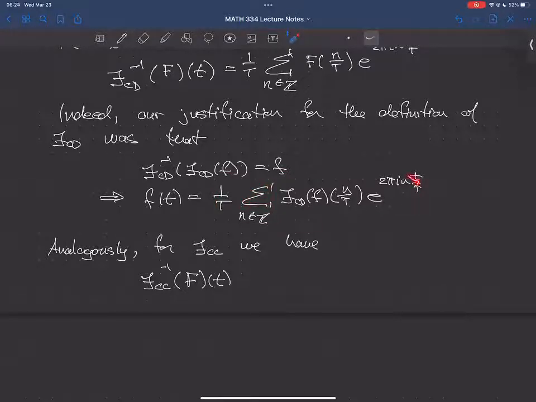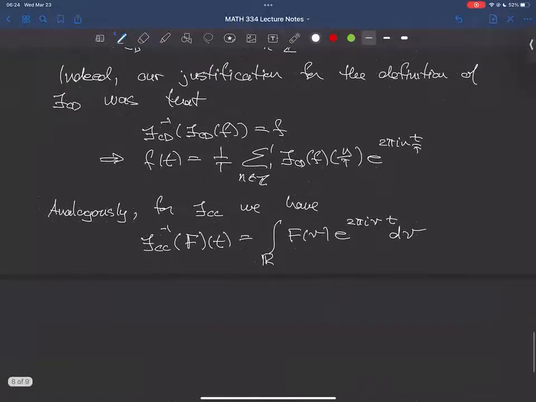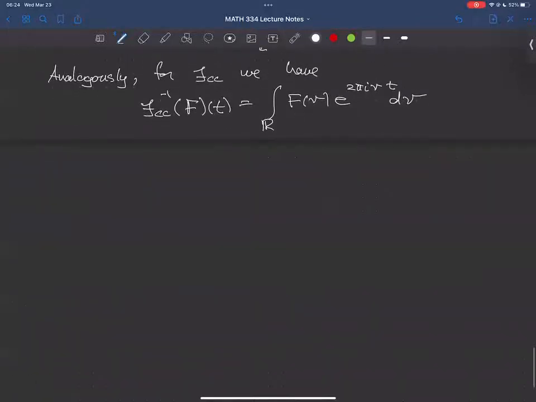And I replace the discrete frequency variable with a continuous frequency variable, and I kind of close my eyes and erase the 1 over T. Okay, so the integral here is now over the continuous frequency variable nu. All right. So there's a guess at the inverse for the CCFT.